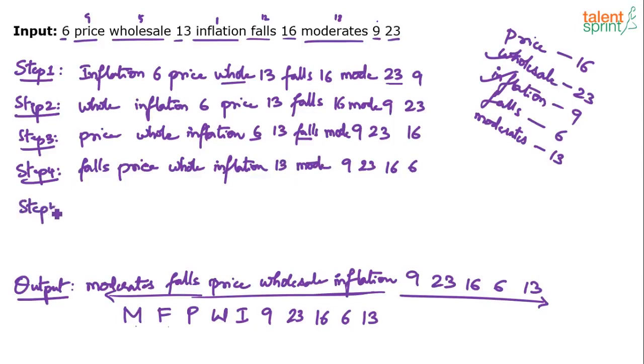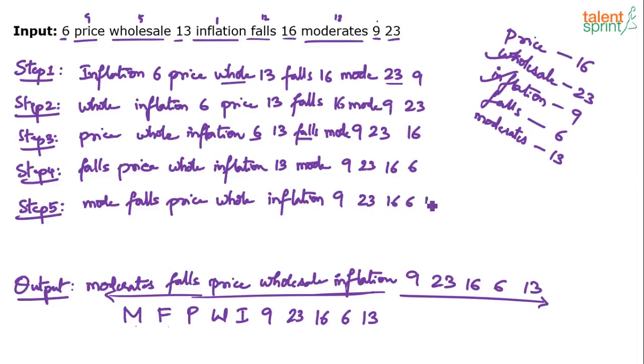And finally step 5. What happens in step 5? Take moderate outside. So moderate, then falls, then price, wholesale, then inflation. And with respect to numbers, 9, 23, 16, 6, 13. That's what we got, right? Moderate, falls, price, wholesale, inflation, 9, 23, 16, 6, 13.